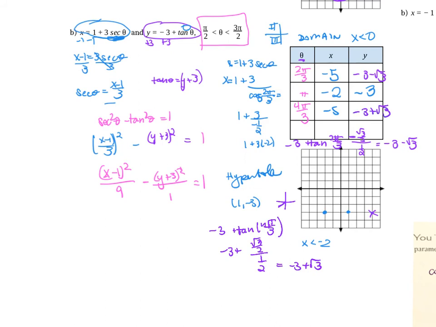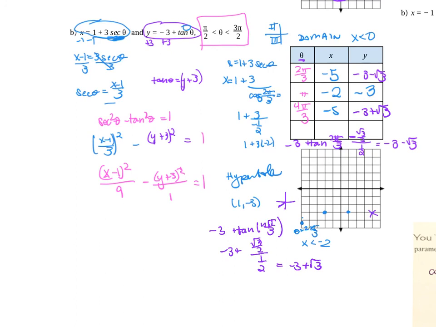All right, so let's plot some of these points. We're at negative 5, negative 3 minus root 3. That's a little over negative 4 something. So x is negative 5, and y is negative 4 point something. We're looking at somewhere down here, and that is at theta equals 2 pi over 3.